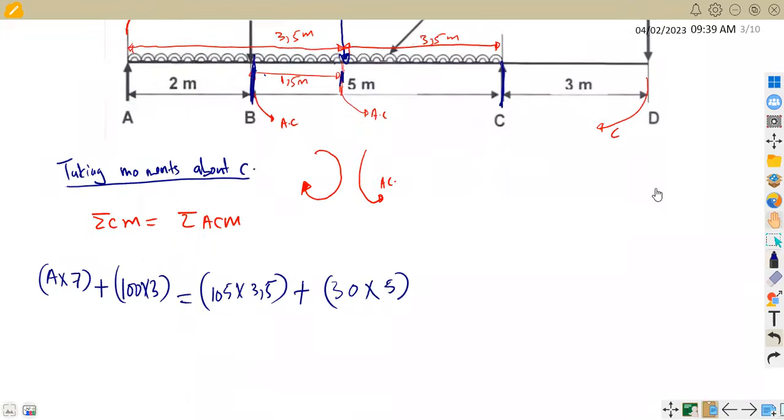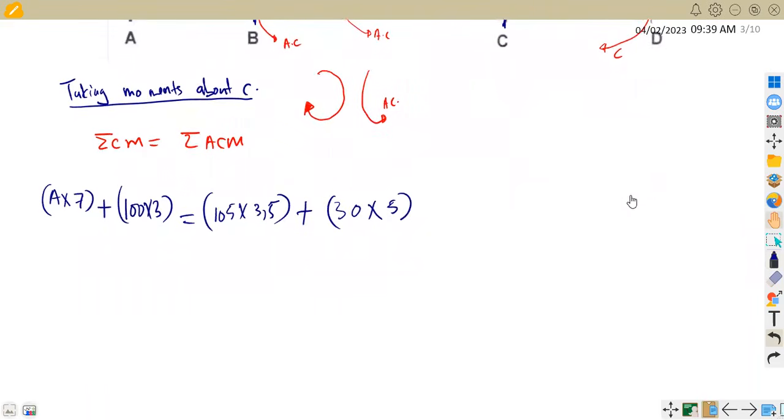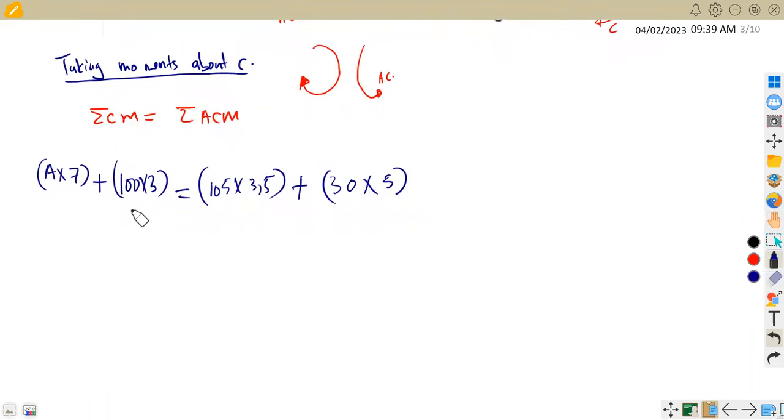Guys, let's calculate the value of A from this information. We have 7 times A, that is 7A, plus 100 times 3, that's 300. Then we combine everything on the right-hand side, which is going to be 517,5.